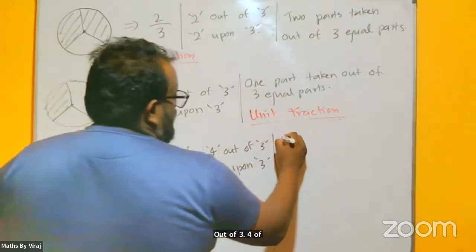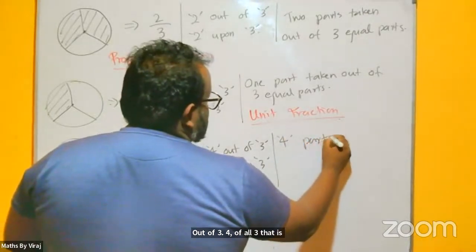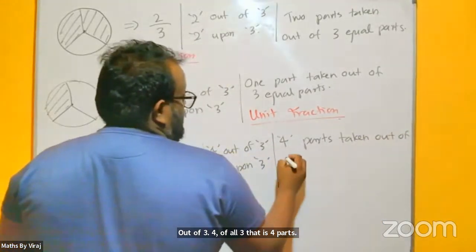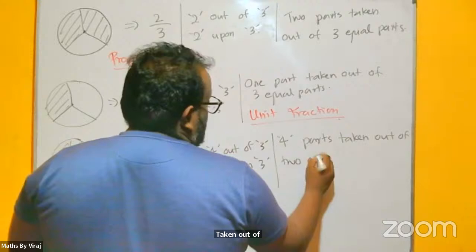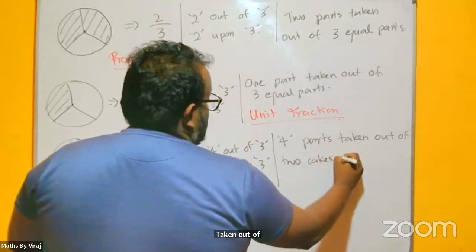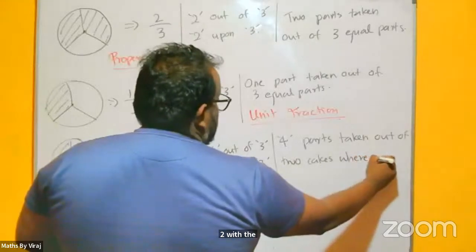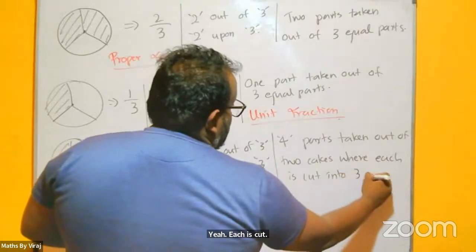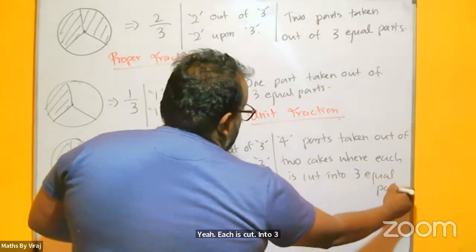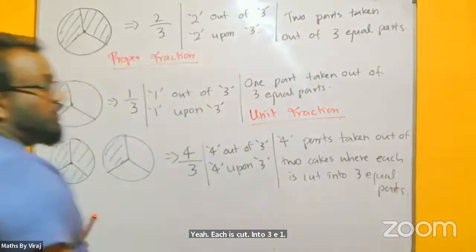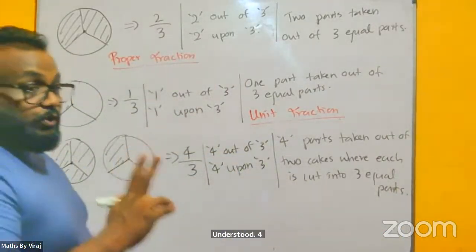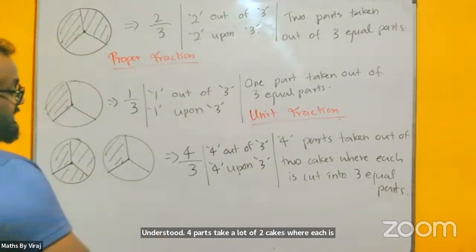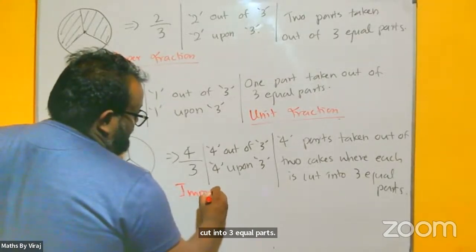That is 4 parts taken out of 2 cakes where each is cut into 3 equal parts. Understood? This is an improper fraction, alright.